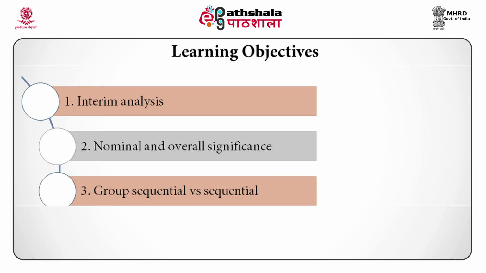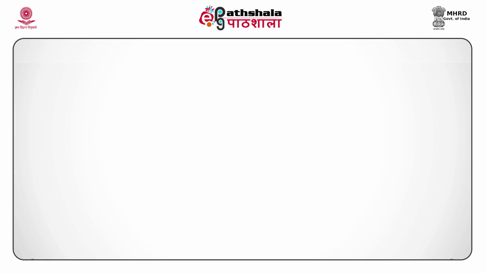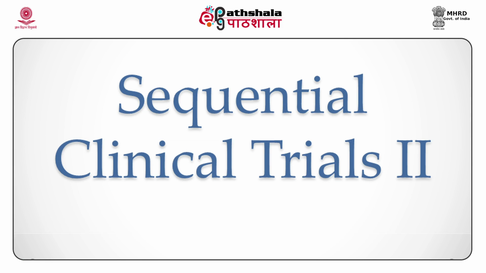We shall compare group sequential designs to sequential designs which assume that it is possible to perform an analysis after every single observation, and we shall also see that it is possible to define these kind of rules for alternative responses, that is, alternatives to the usual assumption of a continuous outcome.